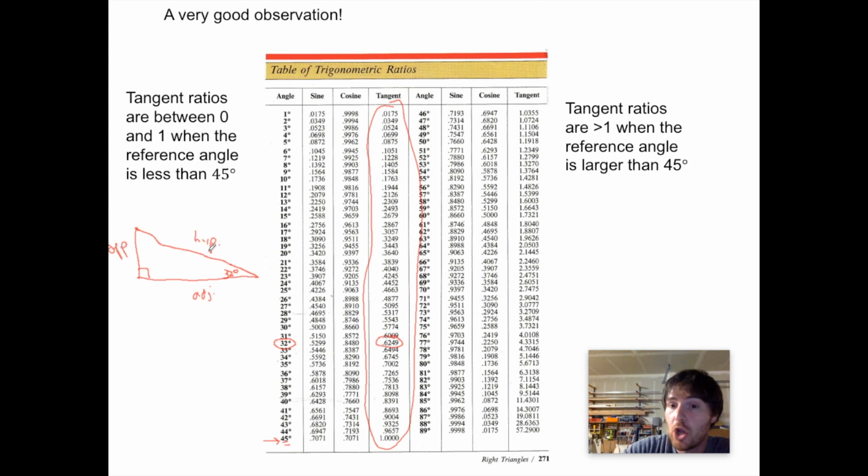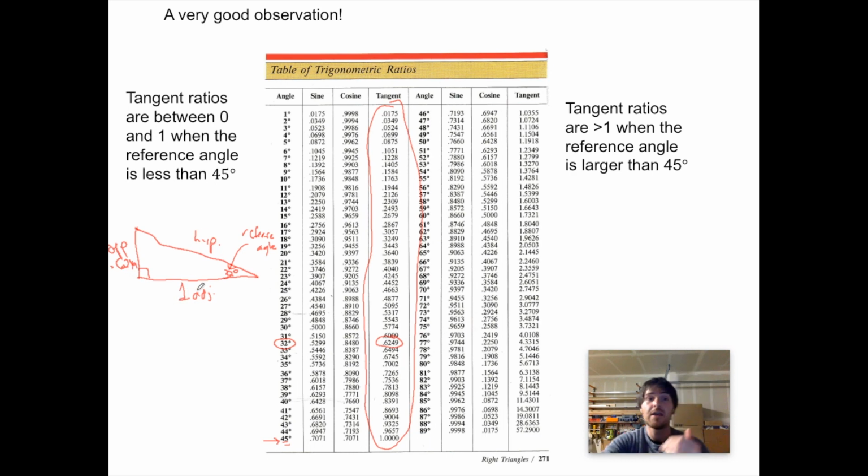Hypotenuse is obviously the largest side, but if I've got a 32-degree reference angle right here, my opposite to adjacent ratio is 0.62. So if the opposite side is 0.6249, the adjacent side has got to equal 1, in that kind of ratio.